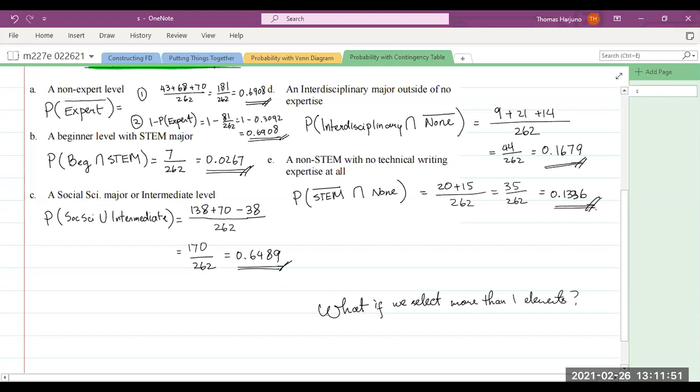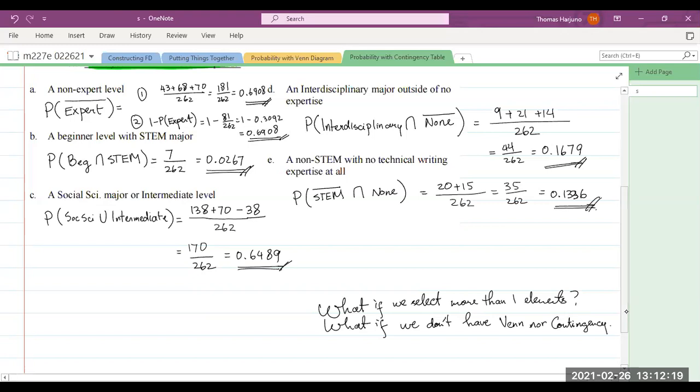Or another one is, what if we are not given a Venn diagram or contingency table? Then at that time we need to use a formula.